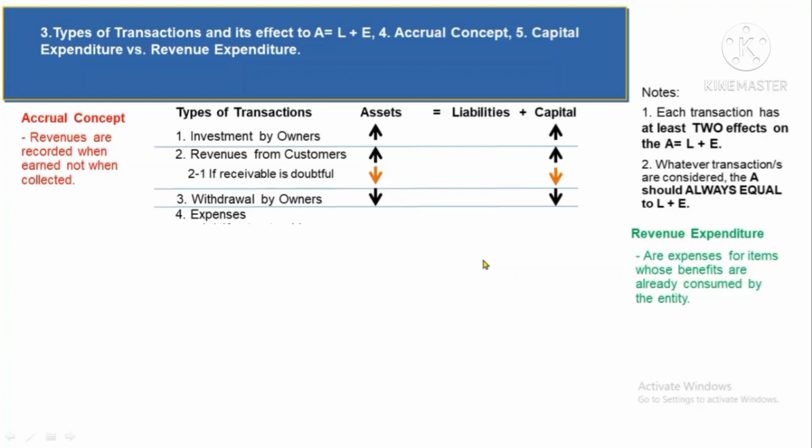So how do we differentiate it from the capital expenditures? Capital expenditures are expenses for items whose benefits are yet to be consumed by the entity in the future. An example is when you pay for, let's say, machinery, where you are still to enjoy its benefits or usage in the future.